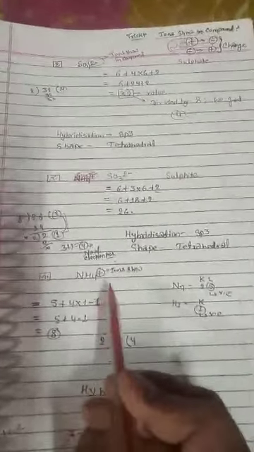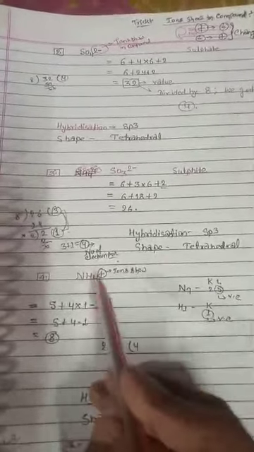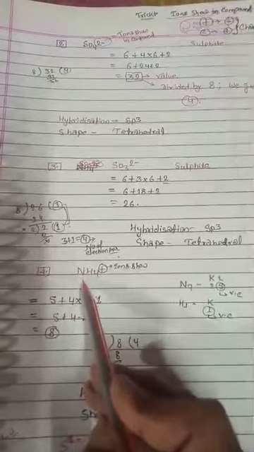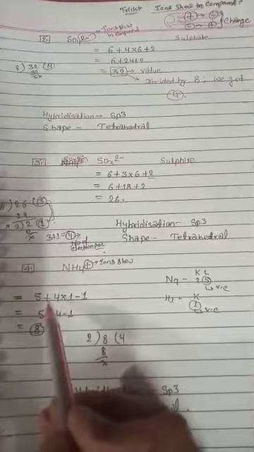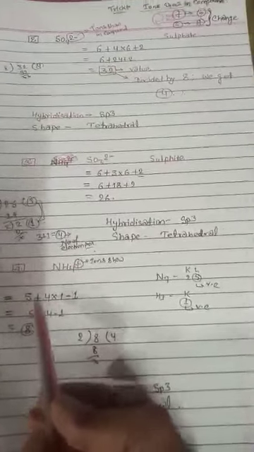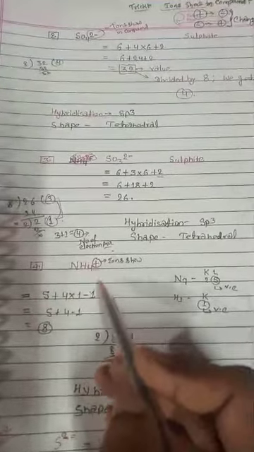Again we come to another example, NH4 plus, the ammonium ion. Here nitrogen has 1 atom, and its valence electron is 5.